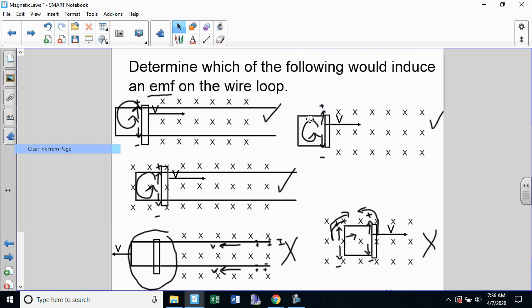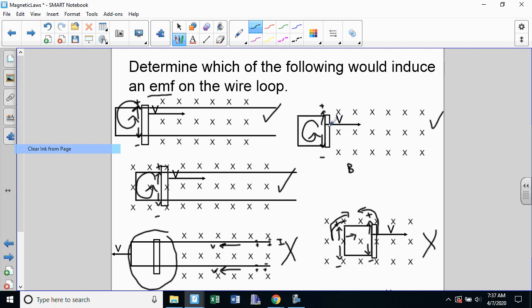How about number 4? In number 4, I'm dragging the entire loop. So the area is not changing. But as I drag the loop to the right, what is changing is B, the magnetic field. I'm picking up more magnetic field lines in the loop.